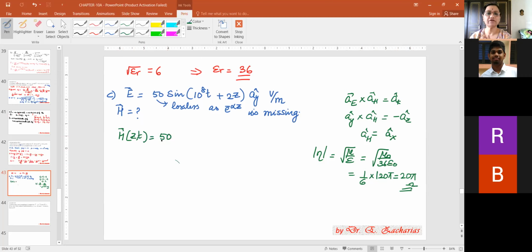So 50 divided by 20 pi, then sine of 10 to the power of 8 t plus 2z, and then we found out aH is aX cap, and the unit will be ampere per meter. As compared to the previous problems, these problems are pretty simple. So now we have completed this numerical also. So very quickly we could finish two numericals.